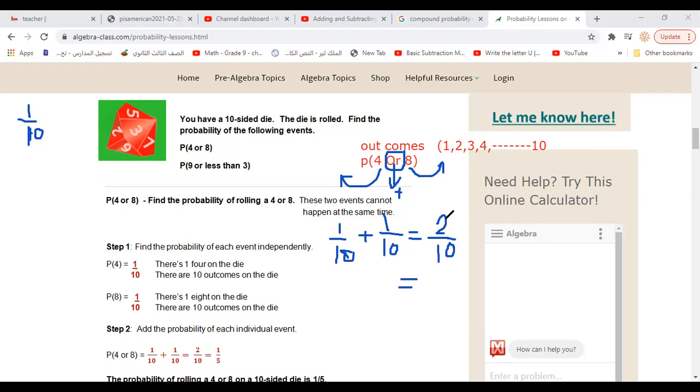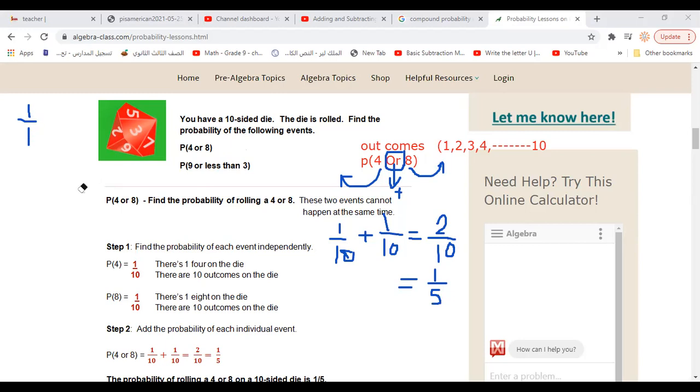Then 2 and 10, both of them are divisible by how many? 2. 2 divided by 2 will be equal to 1, and 10 divided by 2 will be equal to 5. So the answer for the first question, the probability for 4 or 8, will be equal to 1 over 5.